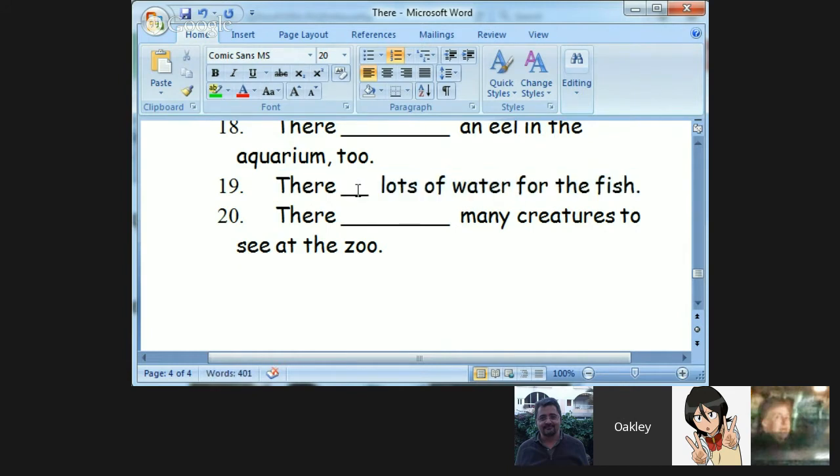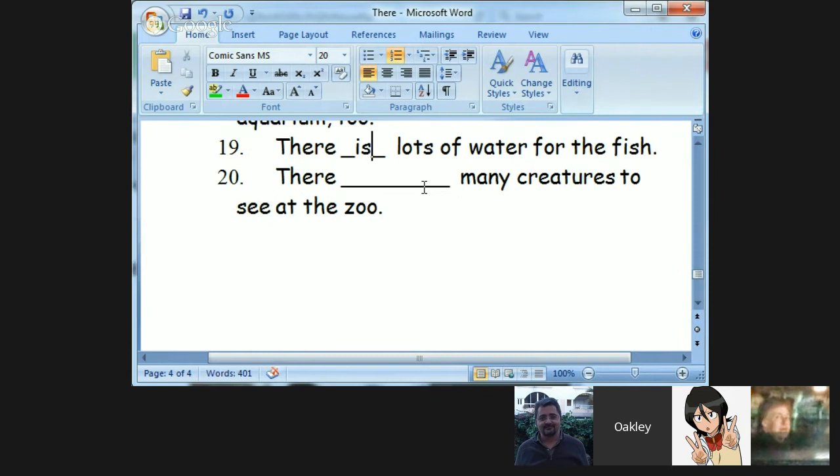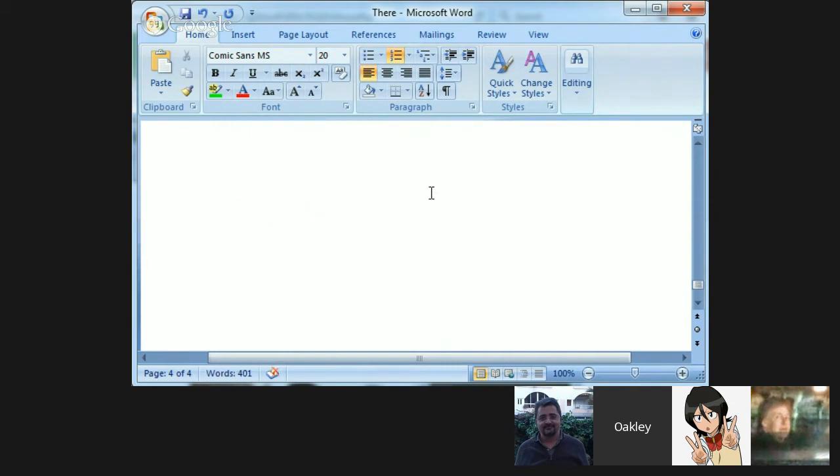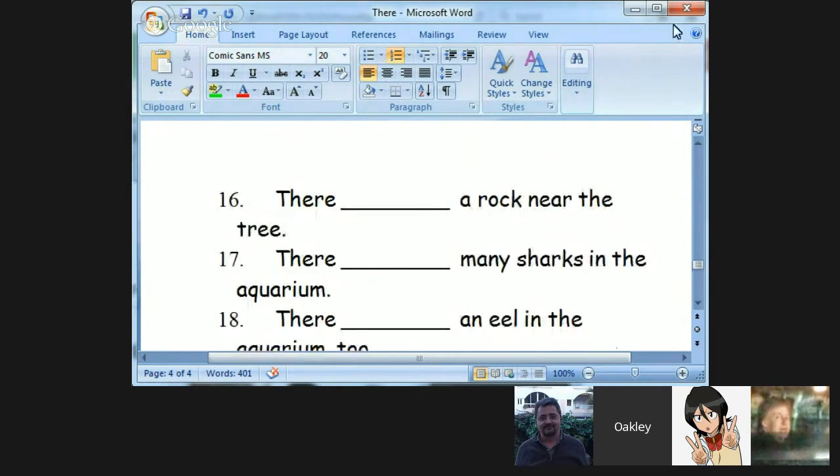I think since water is uncountable, so there is lots of water for the fish. Sure, and you are correct. Okay, it doesn't matter if we use lots of or some. Too much water for the fish, whatever. Doesn't make any difference. Okay, let's move on to something else for the last few minutes.